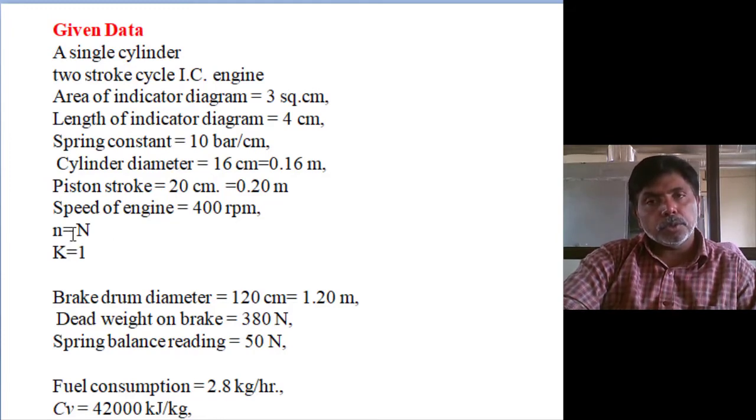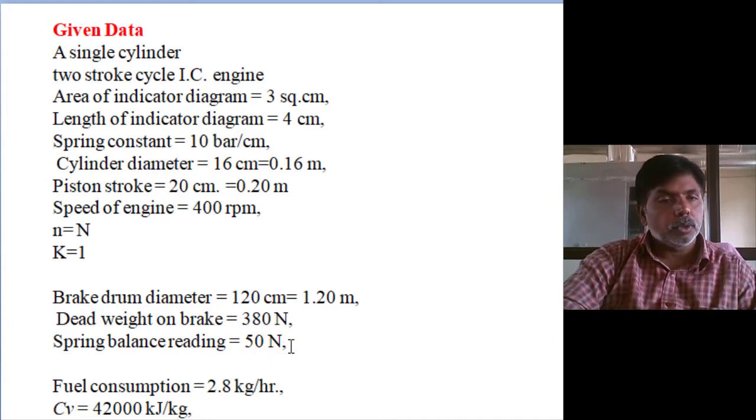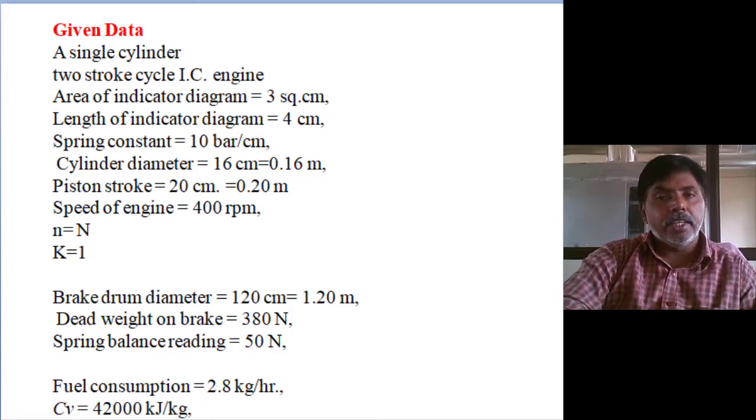Number of power strokes small n equals capital N, because it is a two-stroke engine. Number of cylinders is 1. Brake drum diameter 120 centimeters, meaning 1.2 meters. Dead weight on the brake 380 newtons, and spring balance reading is 50 newtons. Fuel consumption 2.8 kg per hour, and calorific value of the fuel is 42,000 kilojoules per kg. These are the given data.